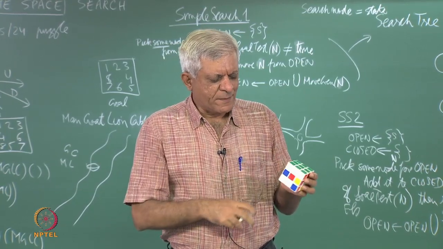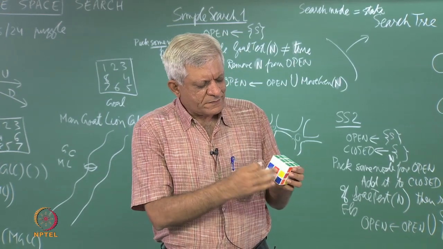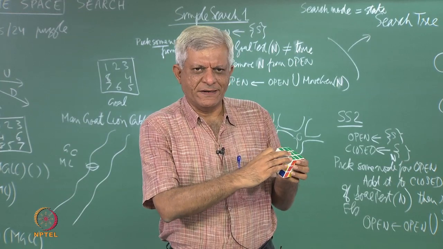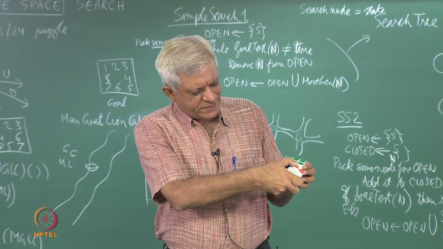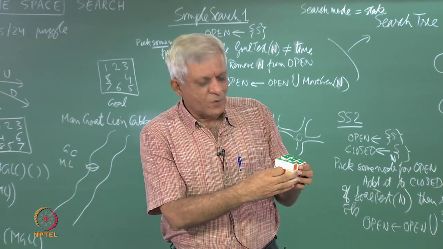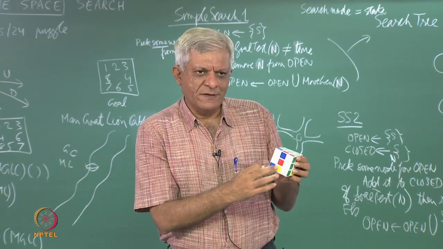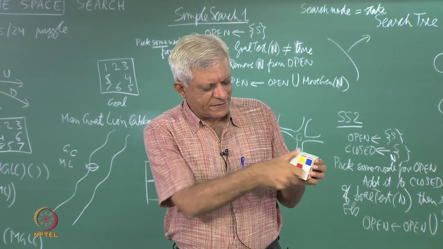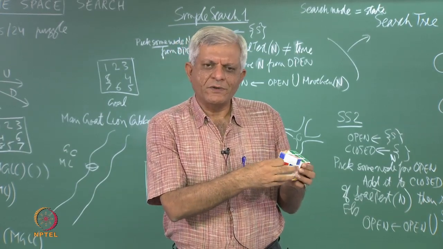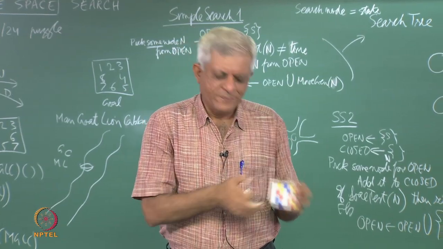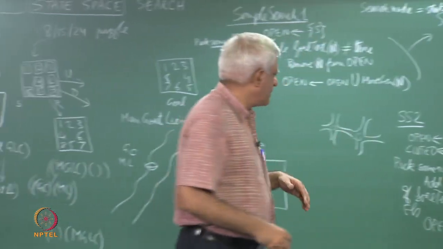So, it would have put it in open or not that move, let us say this one. Okay, so, let me start again. At this point on my open list is a 270 degree move, which will bring the green thing here. So, I have added that to open, but I have made this move. From this move I can make a 180 degree move, which will again bring the green thing here, but I do not want to do that because I have already added this in the open list essentially. So, you just think a little bit about that.